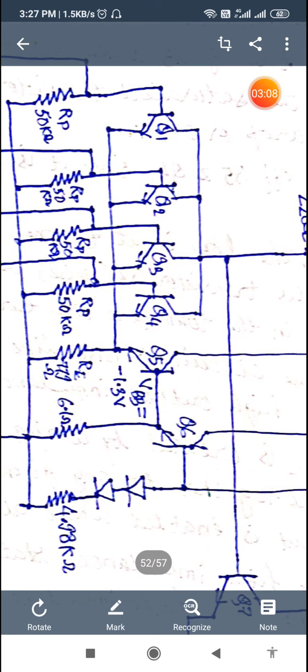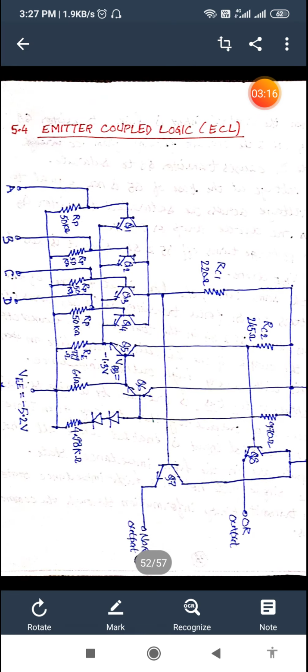The diodes in the diode voltage divider together with transistor Q6 provide a circuit that maintains a constant VBB value despite changes in temperature or supply voltage.